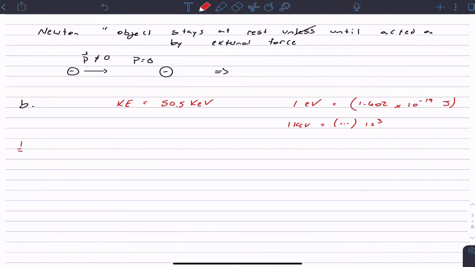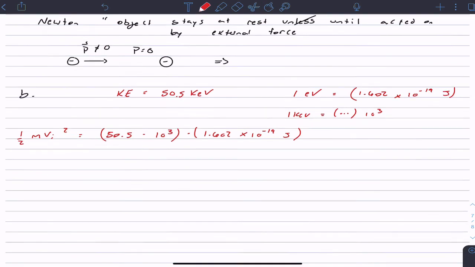So then you have half m v_i squared equal to the initial kinetic energy, 50 keV, which is 50.5 times 10 to the 3 times 1.602 times 10 to the negative 19 joules. Then you solve for this.